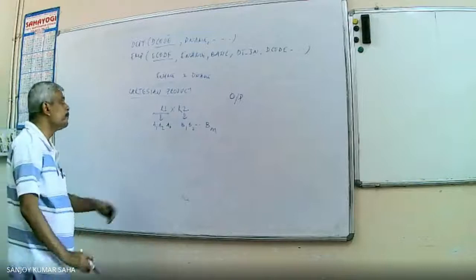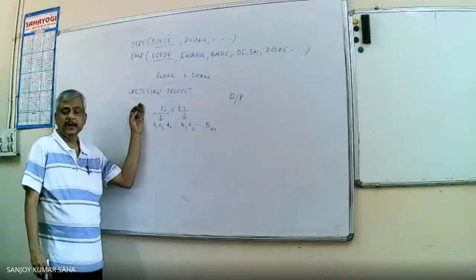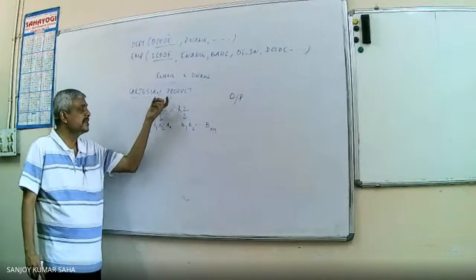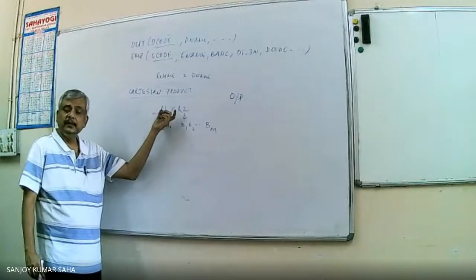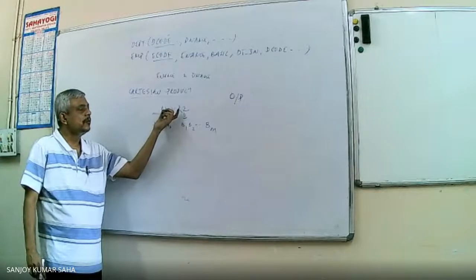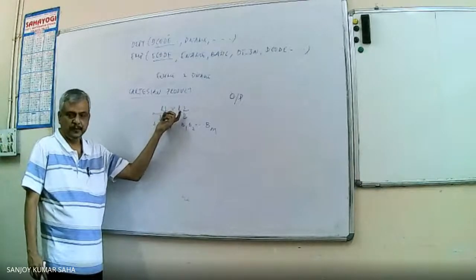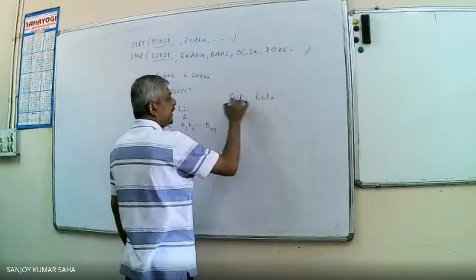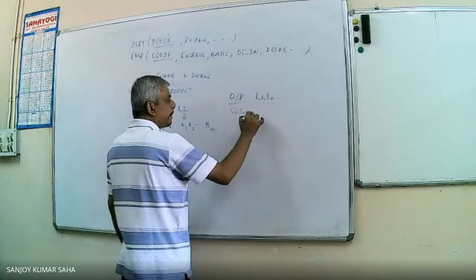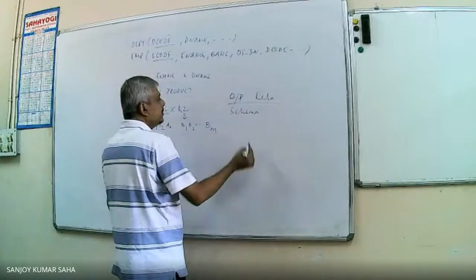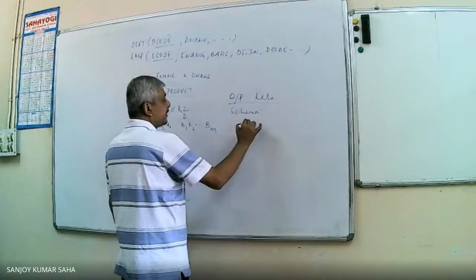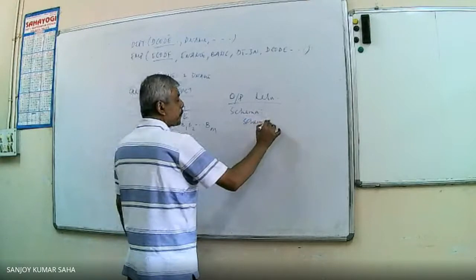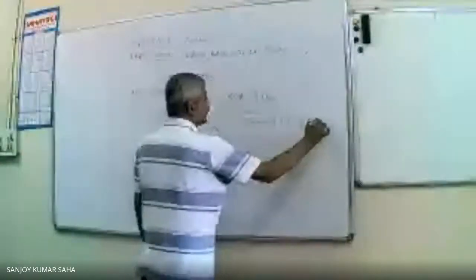As we have said, a relational algebra operation takes one or more relations as the input. So this is the first case we are coming across where the operation is taking more than one relation as the input. The output relation that we will be getting, what will be the schema? Schema of R1 union schema of R2.